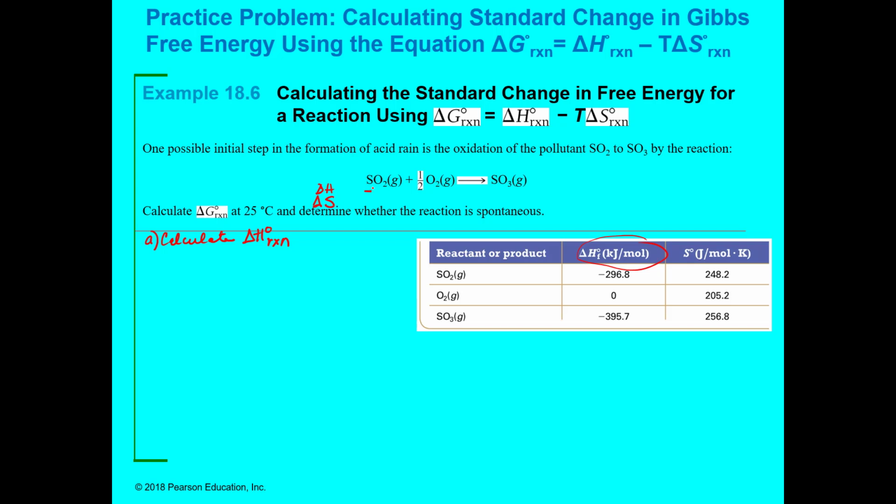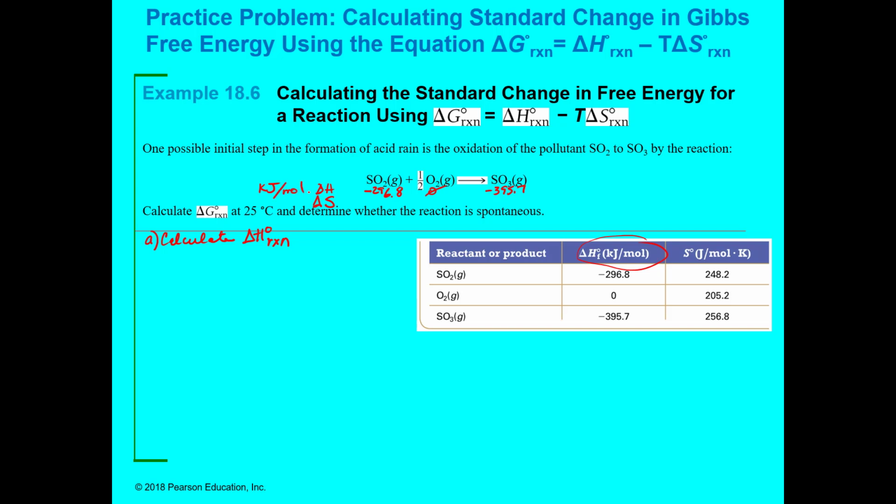So I've got a negative 296.8. And oxygen is a 0 for my delta H's, remember, because anything that's elemental. And then a negative 395.7, and these are all in kilojoules per mole.